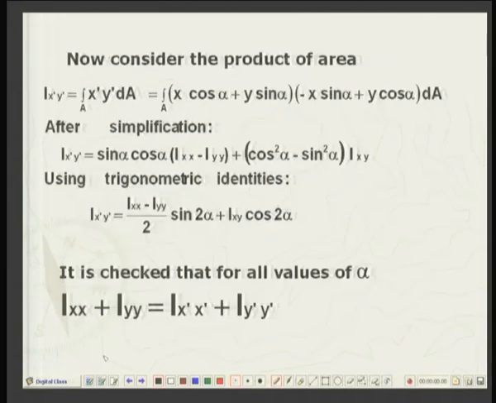So, the sum of the second moments of area about the x axis and y axis in the old coordinate system is equal to the sum of the second moments of area about the new coordinates, that is x dash and y dash. So, this quantity is independent of alpha. What does it mean? It means that for any alpha the sum is constant, it is invariant. That is a very useful result and it is a very basic property.